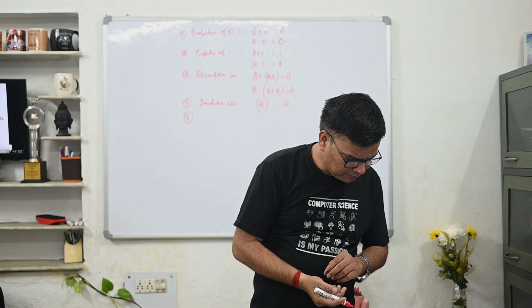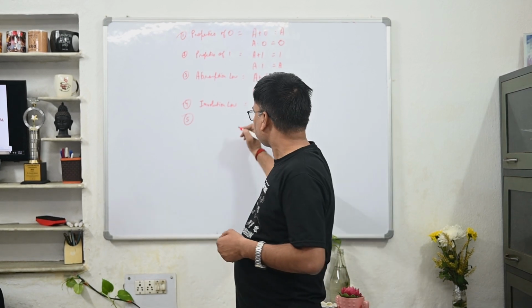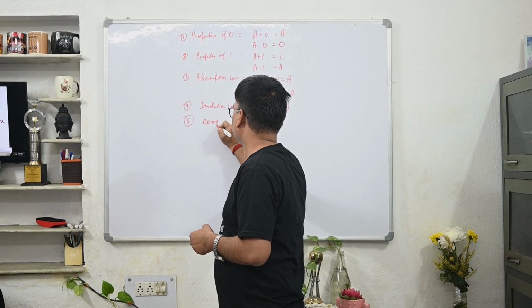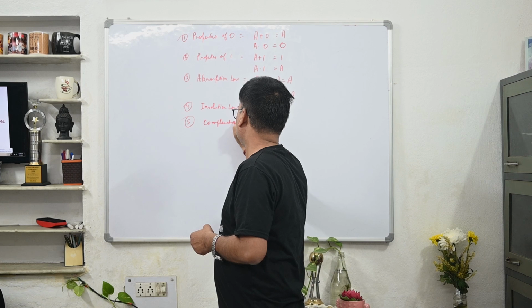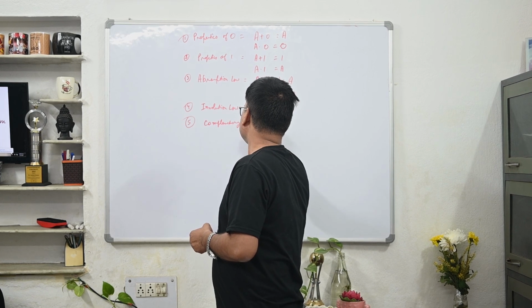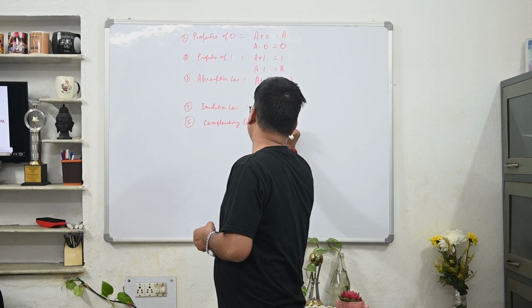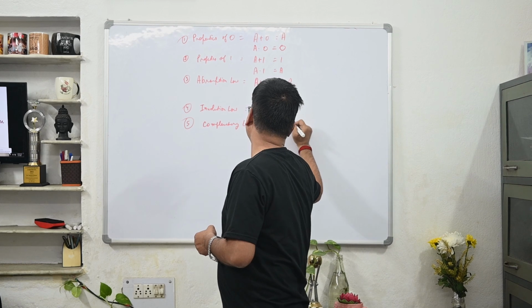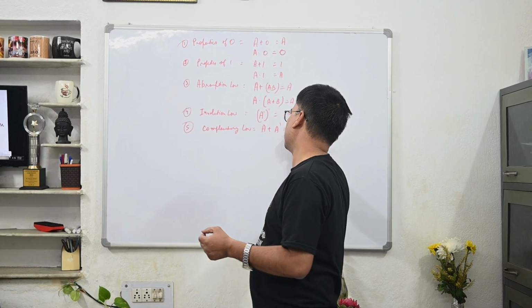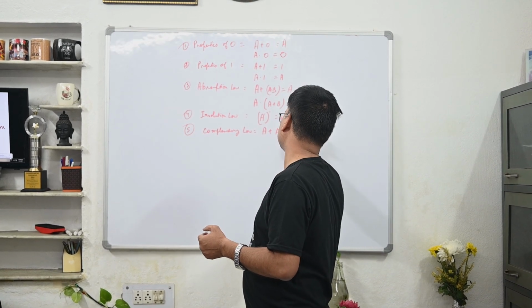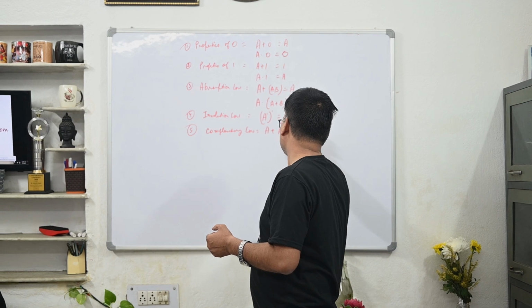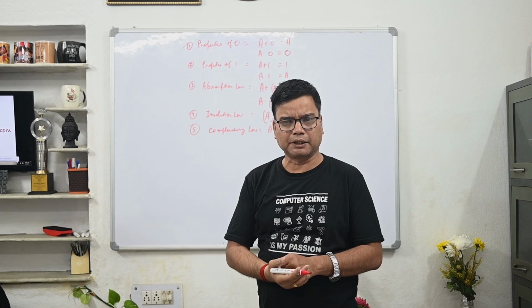Then next we have the complementary law. This is A plus A bar. For example, 0 plus 1 equals 1, 1 plus 0 equals 1. So A plus A bar equals 1.